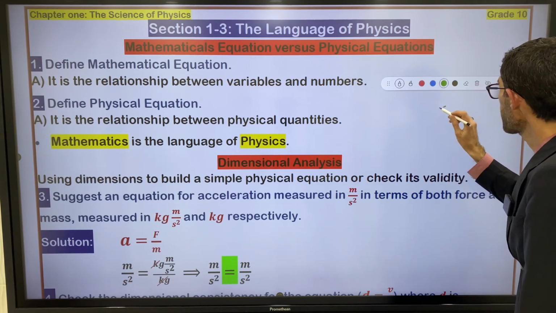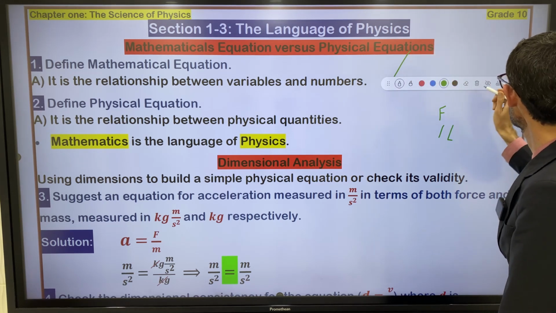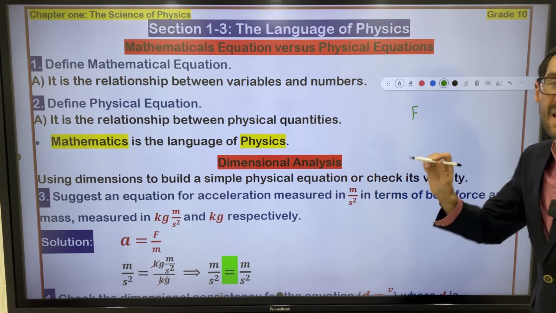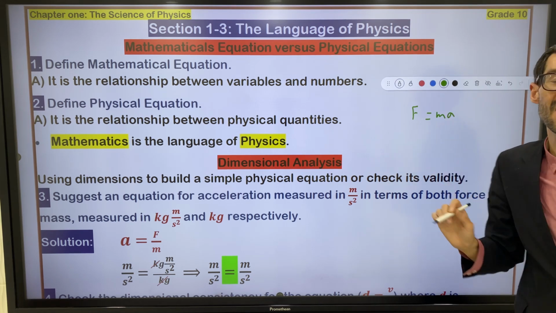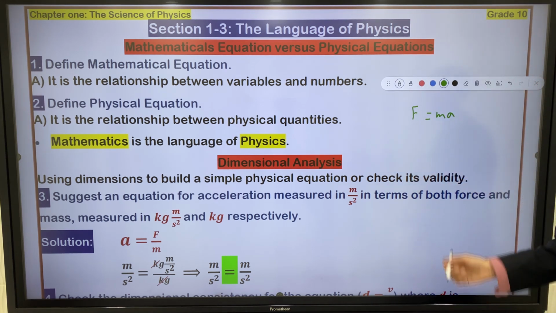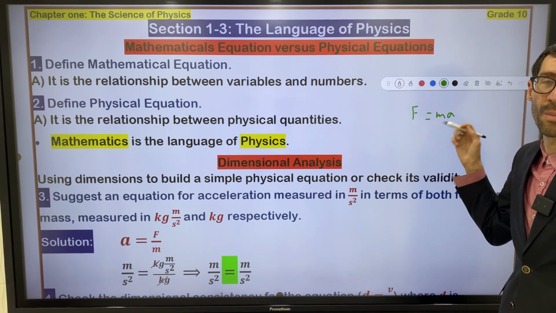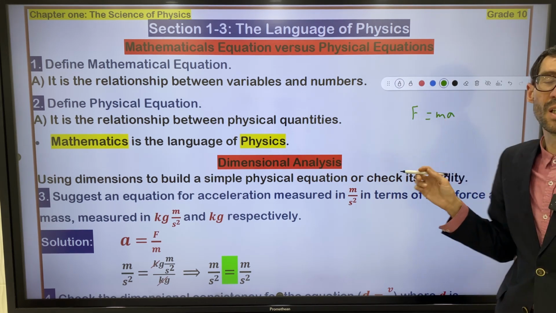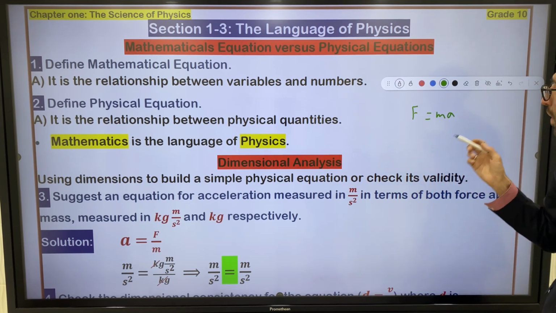The first equation, for example, the equation for Newton's second law, F is equal to ma. What's this? This is a physical equation. F stands for force, m for mass, and a for acceleration. So this equation talks about the relationship between physical quantities.